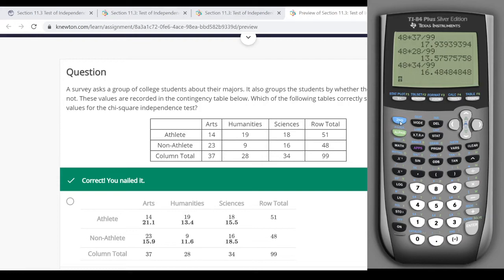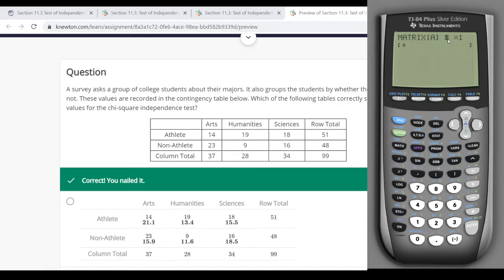I hit second, then this inverse button, and it comes to the matrix area. I want to edit a matrix, so I go over to edit, and pick a matrix, these things surrounded by brackets. I'll say matrix A.